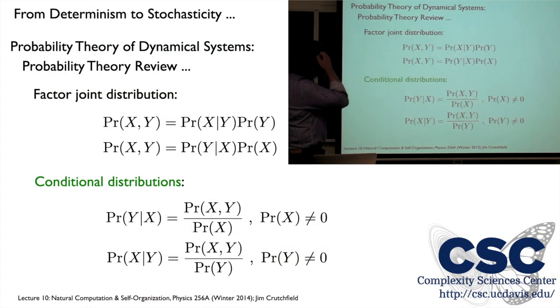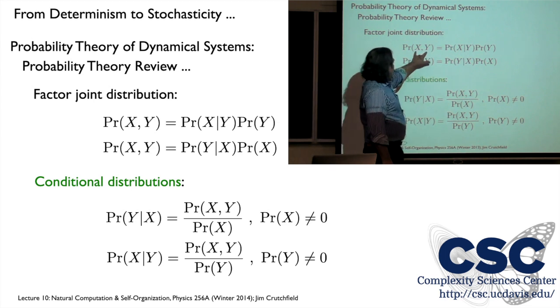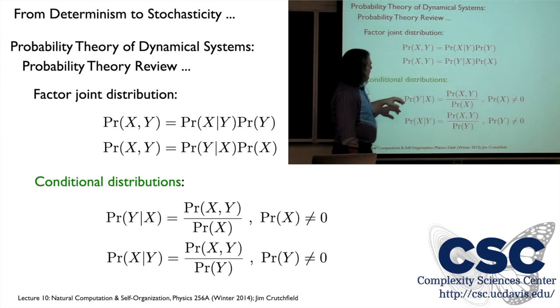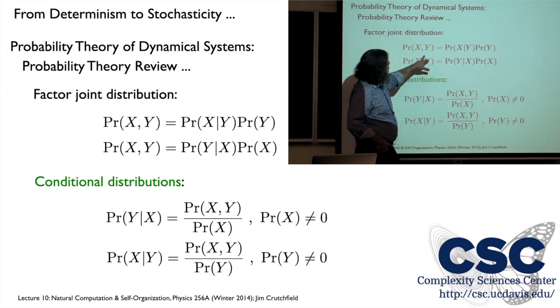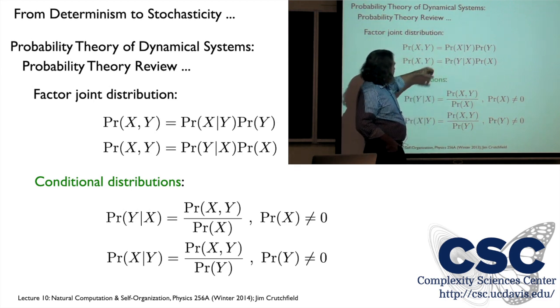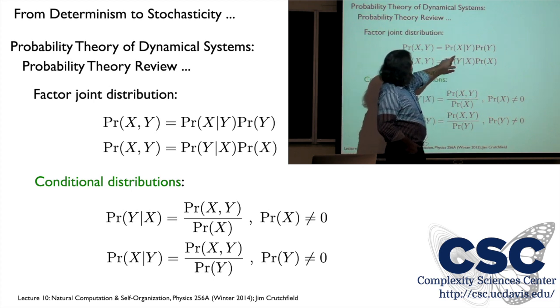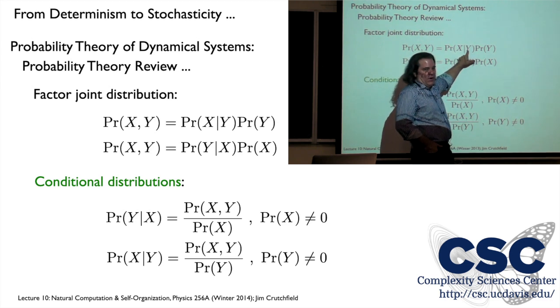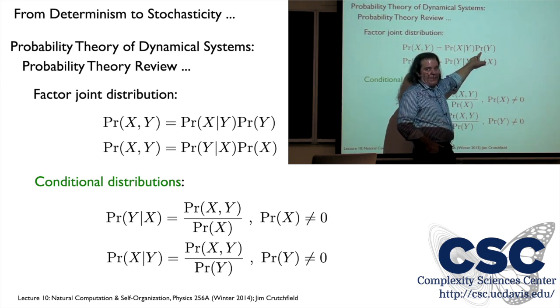Now, slightly more interesting is to talk about how, if we have this probability distribution over joint events x, y, we can factor that function in different ways. So here, we'll talk about what are called conditional distributions. I'm sure this is familiar to many of you, but stay tuned. It will get complicated in just a little bit. So we have the probability of x and y, and we can factor that into the product of the probability of x given that we know y times the probability of y.